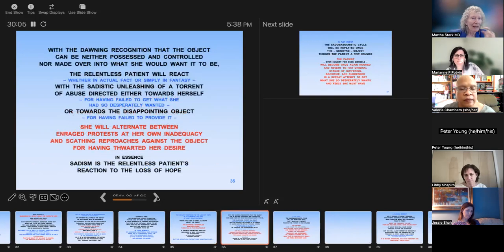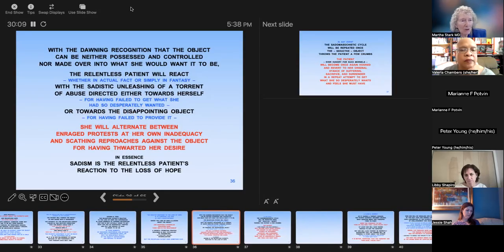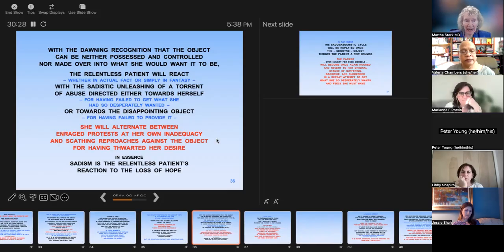With the dawning recognition that the object can be neither possessed and controlled, nor made over into what she would want it to be, the relentless patient will react, whether in actual fact or simply in fantasy, with the sadistic unleashing of a torrent of abuse directed either towards herself for having failed to get what she had so desperately wanted, or towards the disappointing object for having failed to provide it.